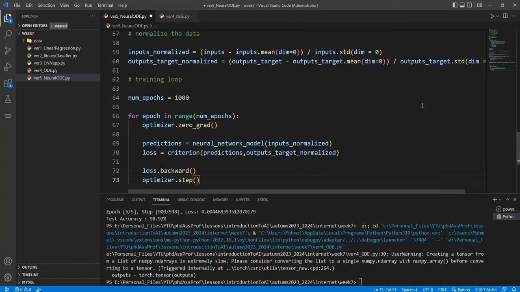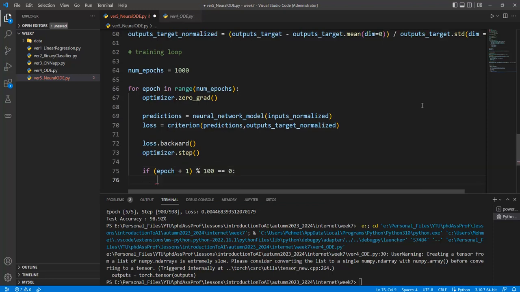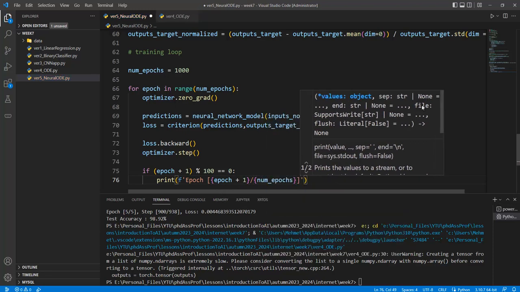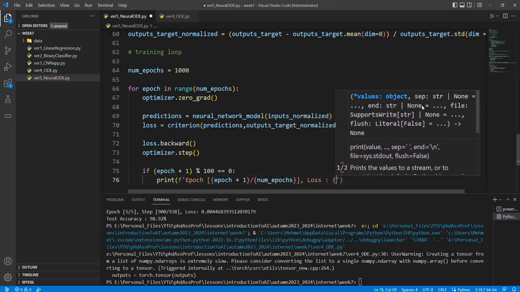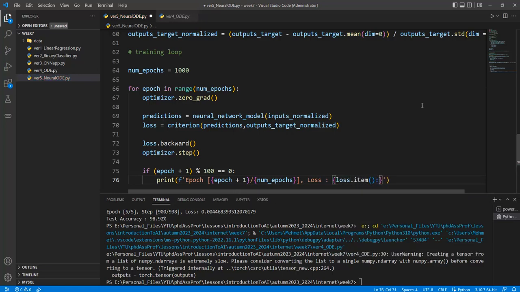At each step, if (epoch plus 1) percent 100 is equal to 0, then print the f-string epoch plus 1 divided by num epochs, and loss is the loss item at 400.